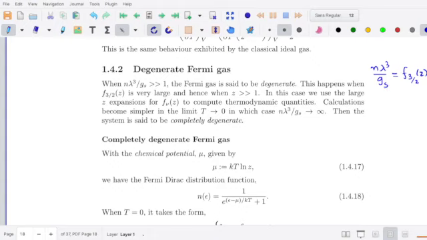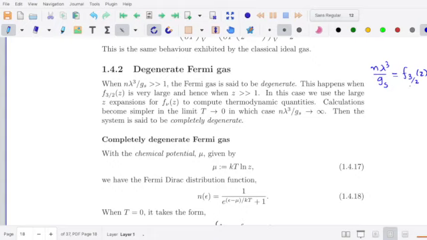Now this can happen when the number density is large or lambda cubed is large. Since lambda cubed is proportional to T to the power minus 3/2, it becomes large when temperature becomes small. So for small temperatures and high number densities, n lambda cubed by g_s is large.